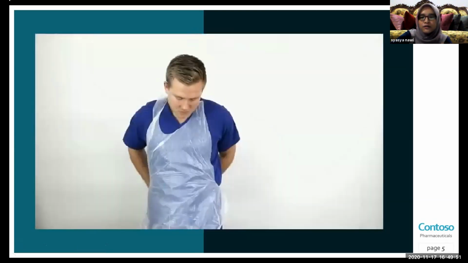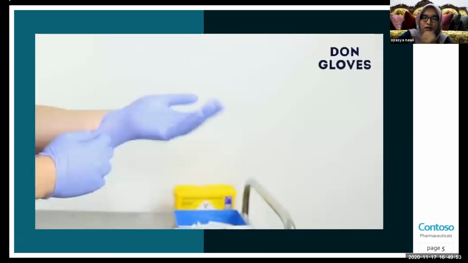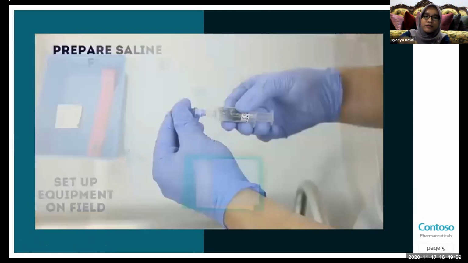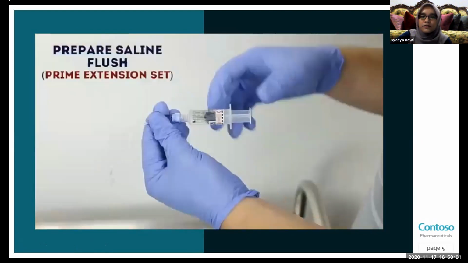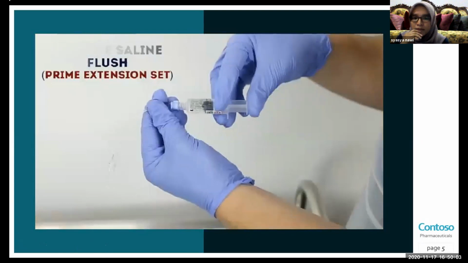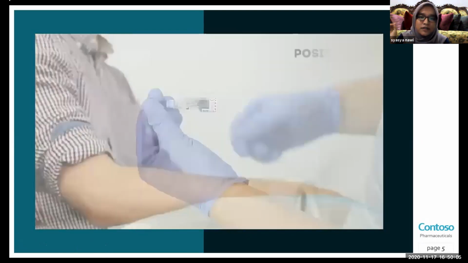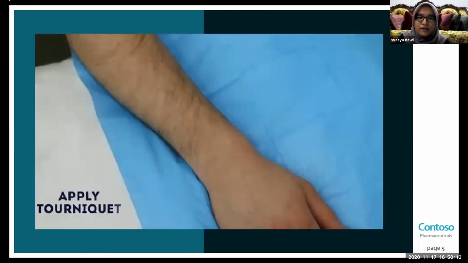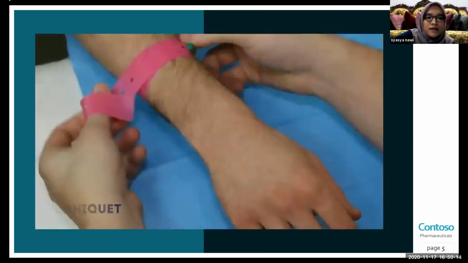Okay. After preparing the equipment, like always, we need to don our apron and also the glove. Then proceed to prepare the saline flush. After positioning the patient's arms, we need to inspect for a suitable vein, and then apply the tourniquet.